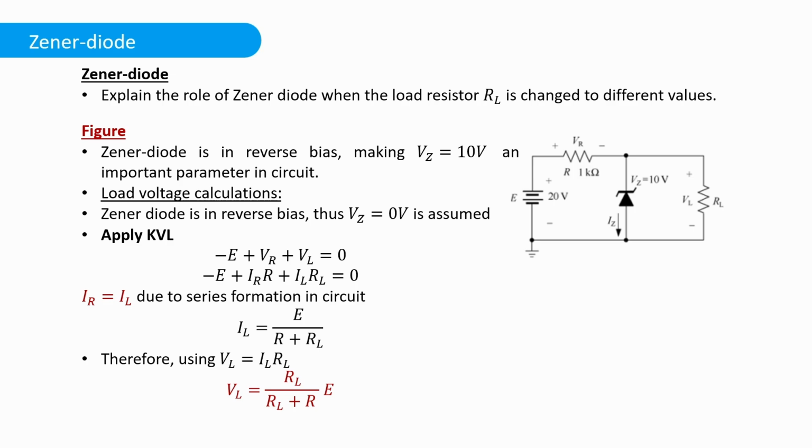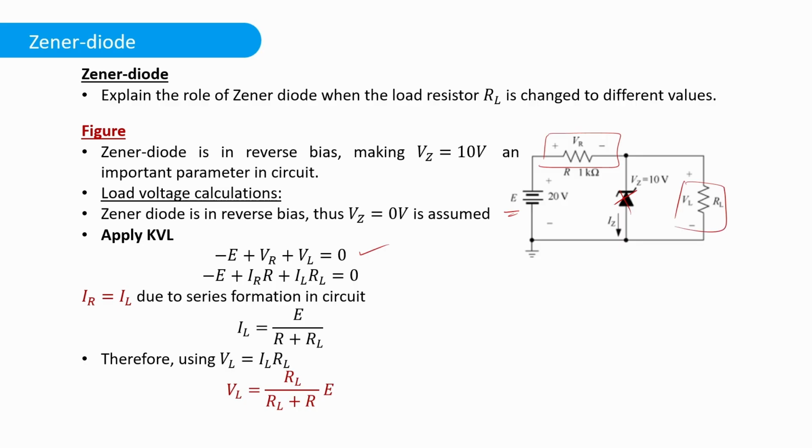In the first case, we want to see how the load voltage behaves when there is no Zener diode in the circuit. The first step is really easy. We apply Kirchhoff's voltage law. So this becomes minus E plus VR plus VL equal to 0.